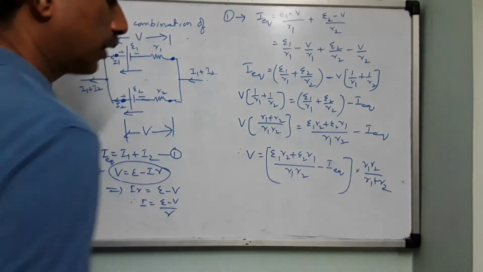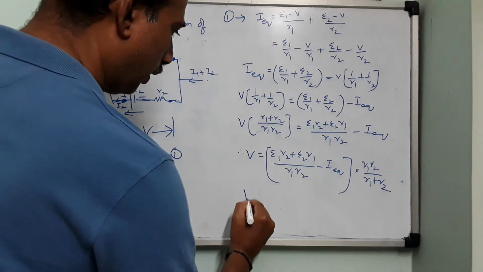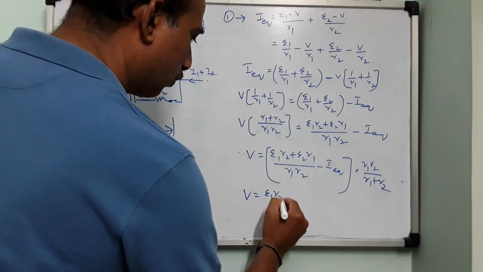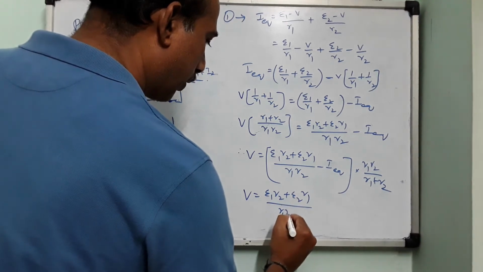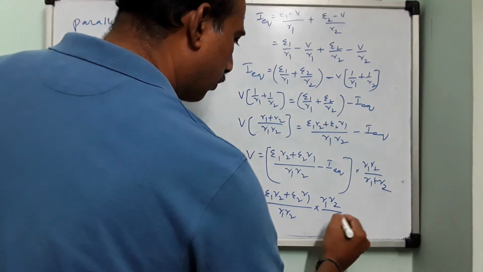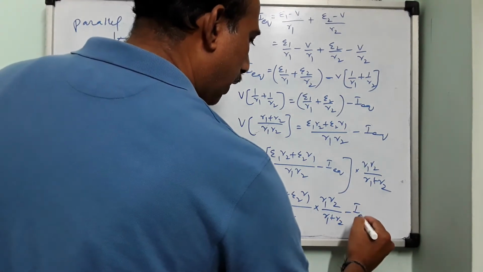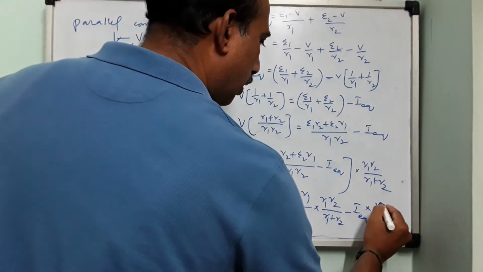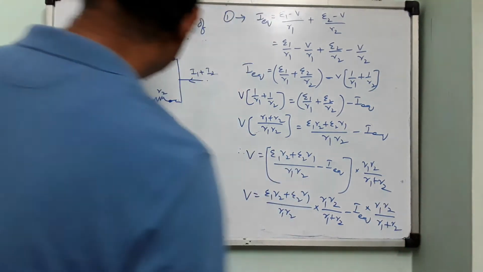So when this goes that side, now multiply this thing, you will get V equals E1 R2 plus E2 R1 by R1 R2 into, I am multiplying this separately, R1 R2 by R1 plus R2 minus I equivalent into R1 R2 by R1 plus R2.